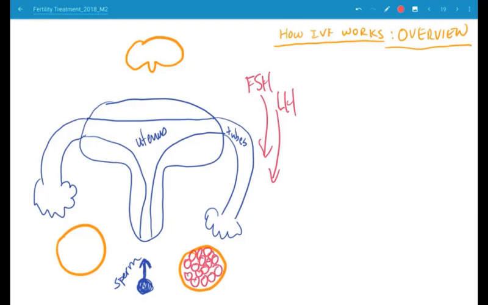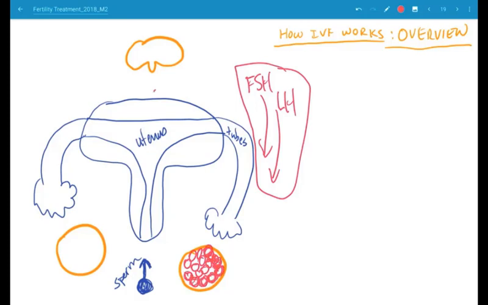You can use Clomid to do IVF, but for the purposes of this, we're going to focus on using gonadotropins because that's how IVF is generally practiced. You would use exogenous FSH and LH, like we talked about previously, to try to get all of these eggs to grow.